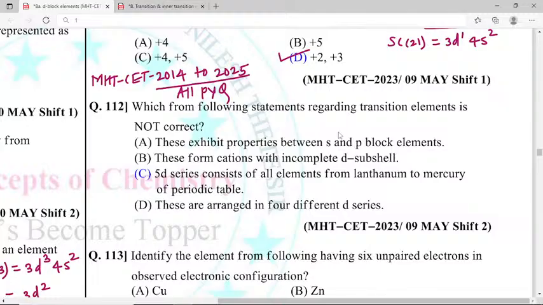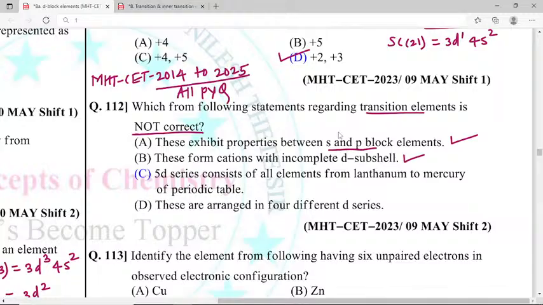Which of the following statements regarding transition elements is not correct? They exhibit properties between s and p block elements. Yes, correct. They form cations with incomplete d subshell.